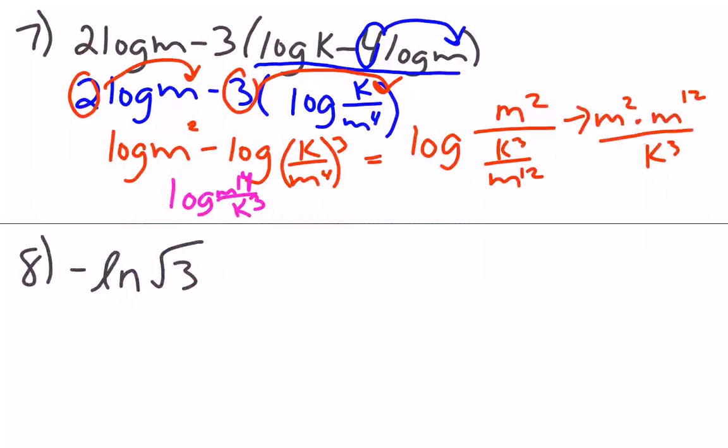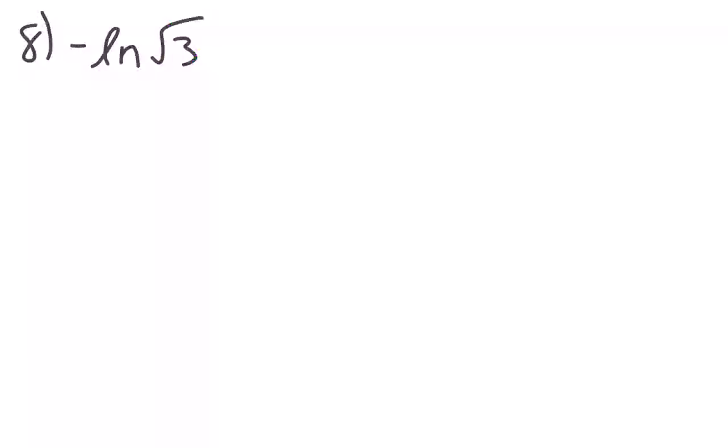All right. And this is our last problem. So we have a -1 in front. That's going to come in as an exponent. Remember, when you have something like the square root of 3, then if I do it to the negative power, that's going to make it 1 over the square root of 3.